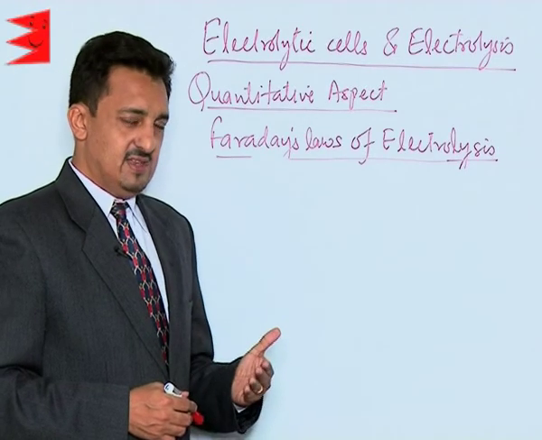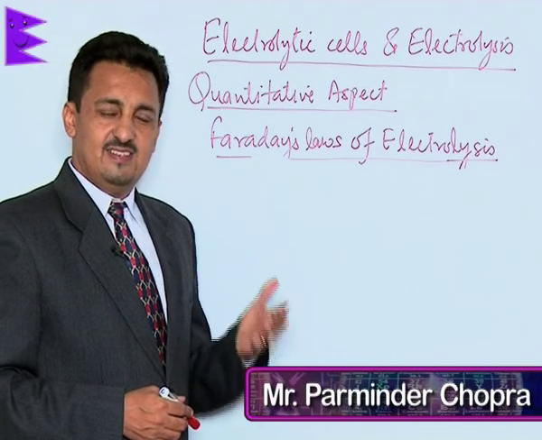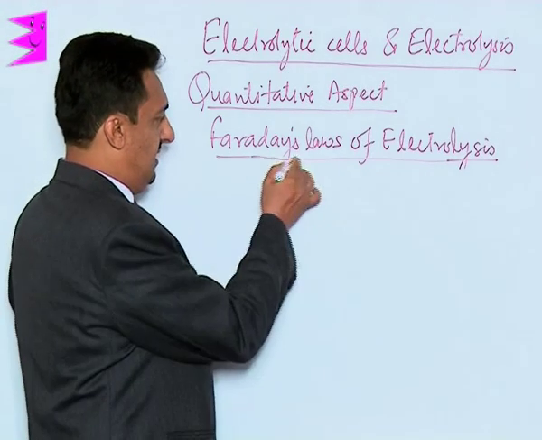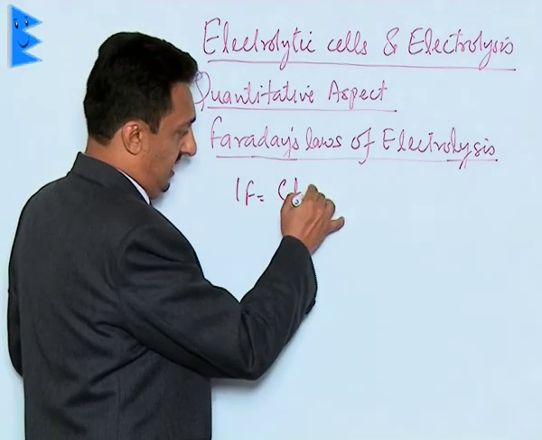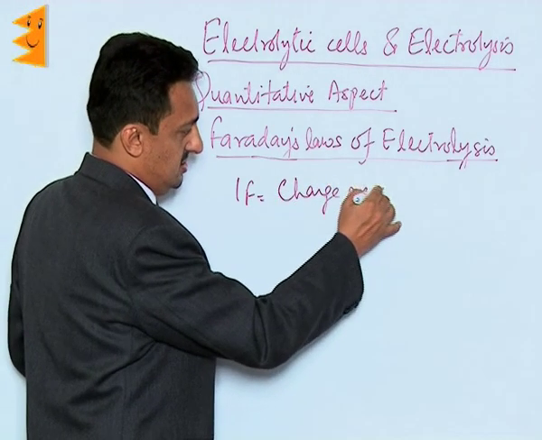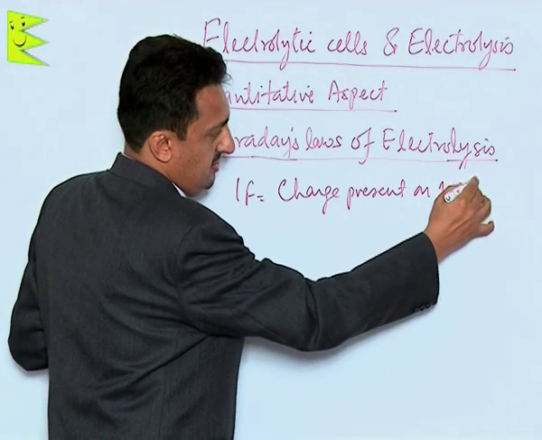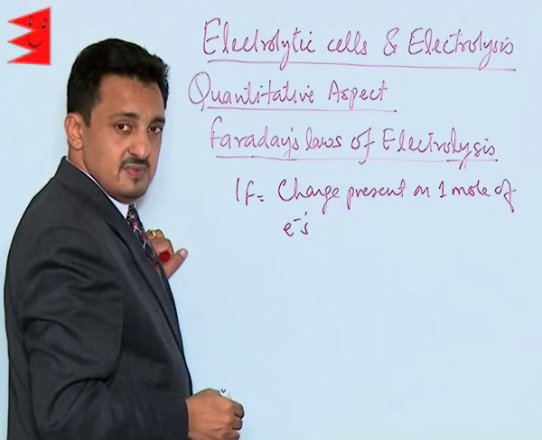Before moving further, let me explain this Faraday and the Z much more clearly. Let me first describe what 1 Faraday is. It is the charge present on 1 mole of electrons.